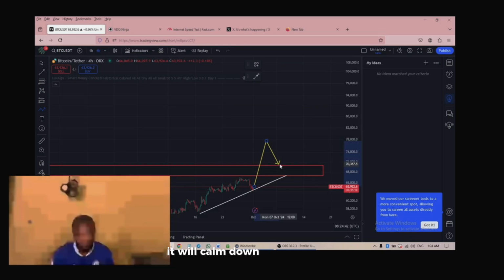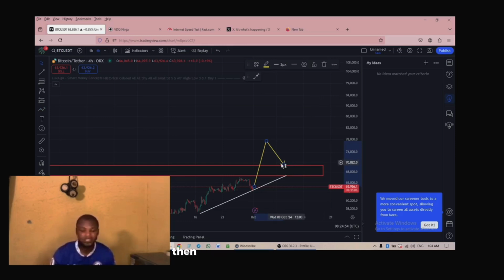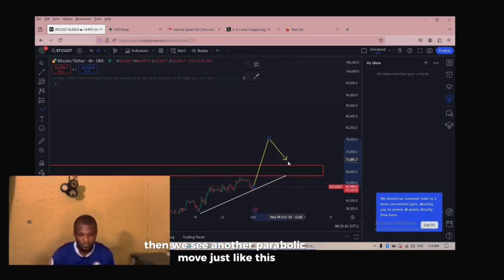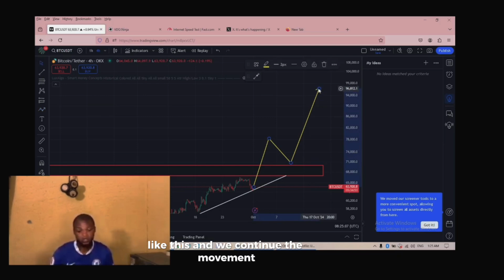It will come down on the resistance toolbox for a healthy consolidation. Then we see another parabolic move, just like this, and we continue the movement.